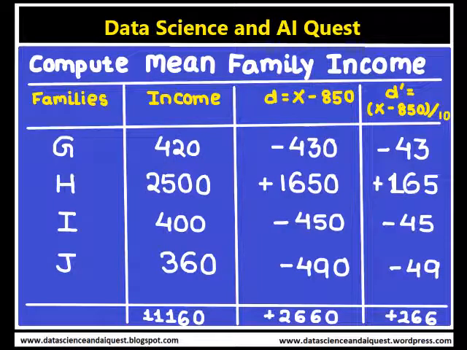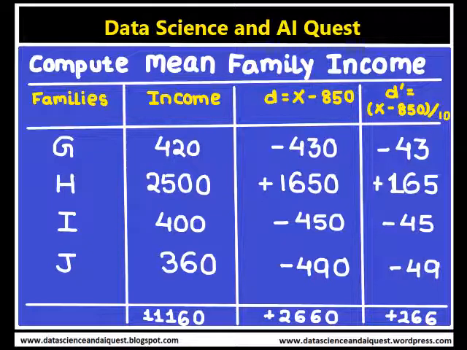Family G is taken, 420 is its income, the deviation is minus 430, and the per capita deviation is minus 43. Then family H: income is 2500, deviation is 2500 minus 850, which is 1650, and the per capita deviation is 165.